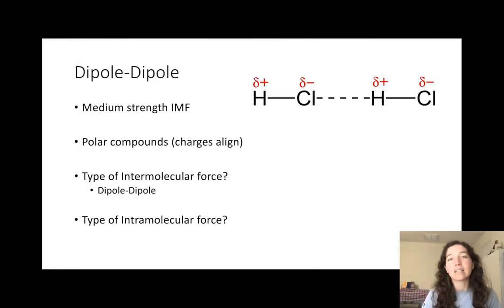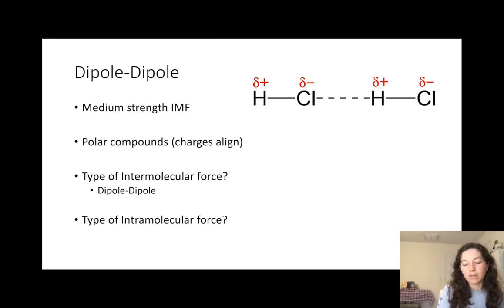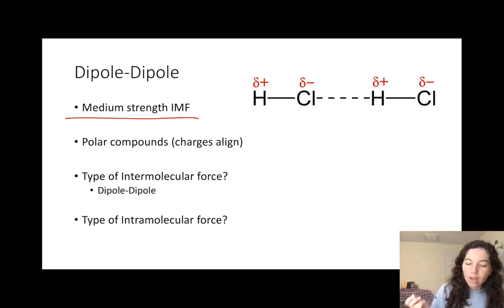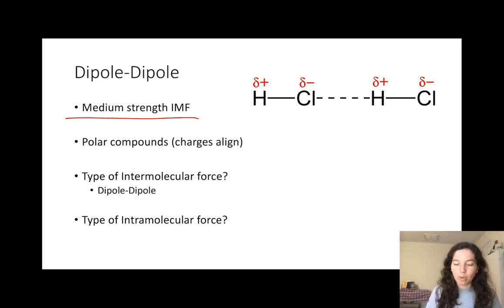Let's take a look at the next type of intermolecular force, which is dipole-dipole. This is our medium strength intermolecular force. It's kind of in between hydrogen bonding and the weakest one, which is London dispersion forces, or van der Waals. Whenever you have a dipole-dipole compound, we do have partial positive and partial negative charges on these. They just aren't as strong.